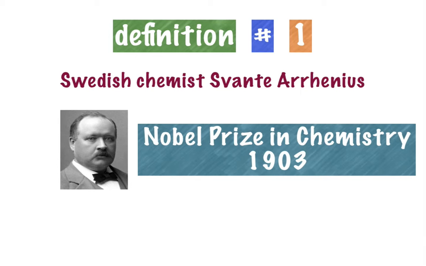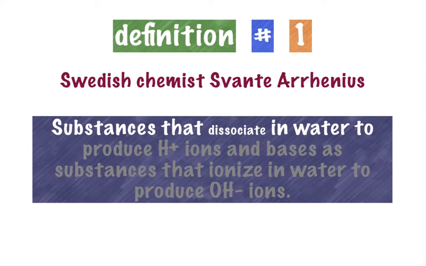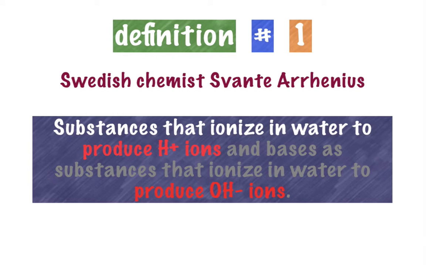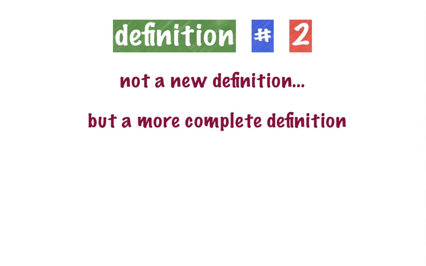His definition says that an acid is a substance that ionizes or dissociates in water to produce hydrogen ions, and a base is a substance that produces a hydroxide ion, OH negative. But this definition is limited to just aqueous solutions. So we're going to go into a second, more complete definition of an acid-base reaction.